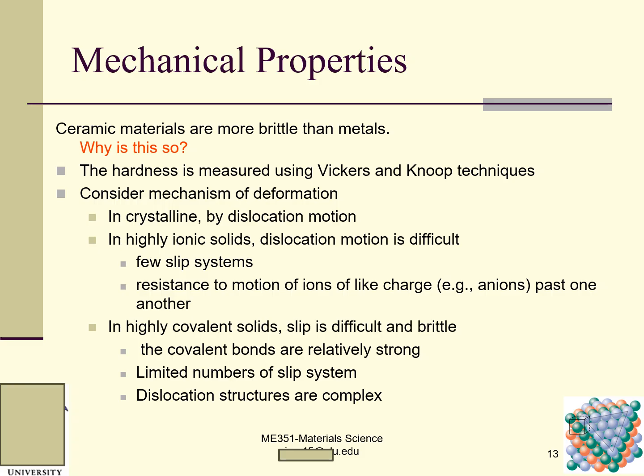Why? Because Rockwell hardness testing along with Brinell hardness testing are mainly for metals and metal alloys, because metals and metal alloys are more ductile, and if we use a bigger indenter to compress the samples, we will not have cracks.